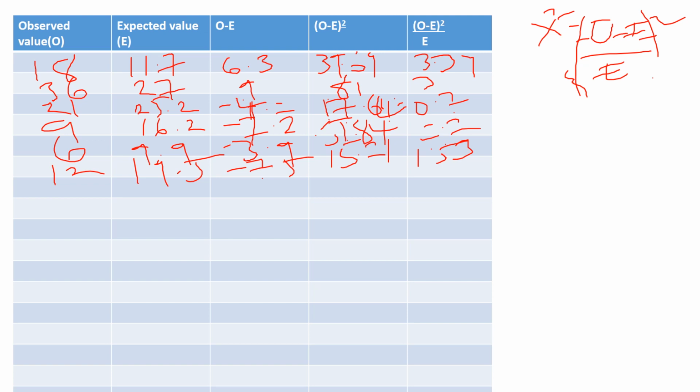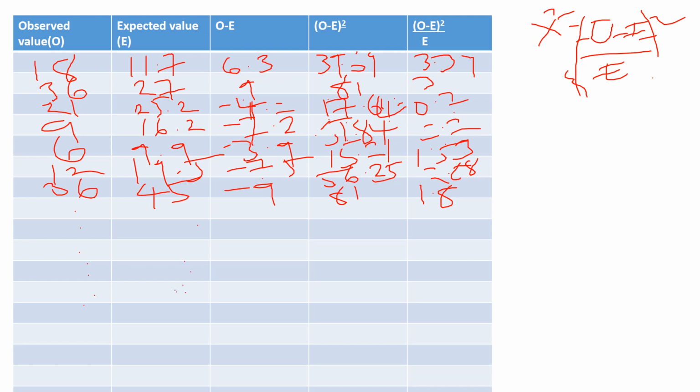If I square it, I get 56.25, and if I divide by the expected value, I get negative 2.88. Then I also have 36, and the expected value was 45, so the difference is negative 9. If I square this, I get 81, and if I compute this, I get positive 1.8.